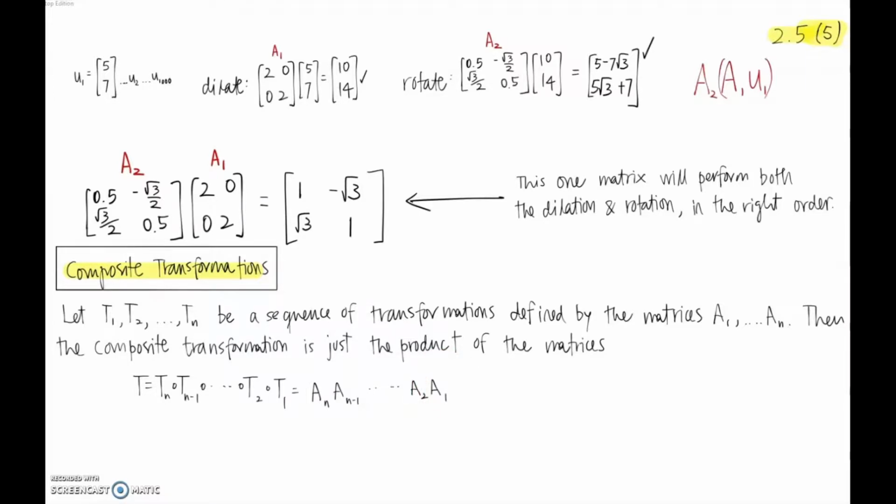It's got to operate on the vector first, and as soon as that's done, the A2 can. But the point of all of this is you can take those n matrix transformations and smoosh them all together, multiply them all together, and you will create just one matrix. And at that point, all of this work can be done just by one matrix. That's a really awesome thing about how matrix multiplication works.